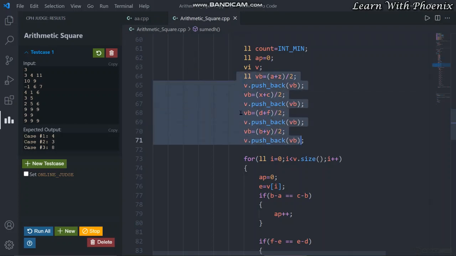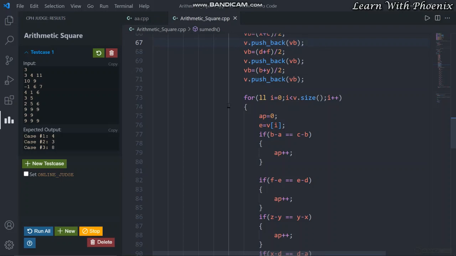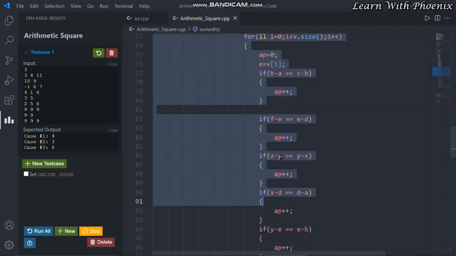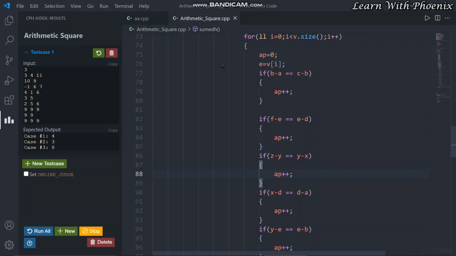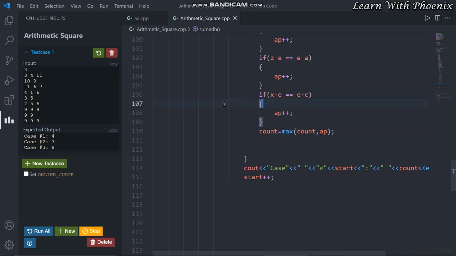For that I have put them in a vector, and for each value I am doing the 8 checks. These 8 checks are just a simple property of AP, that the common difference remains the same. That is, if A, B and C are in AP, then B minus A is equal to C minus B. So this is what I have done, and then just get the maximum count of APs over the 4 values.